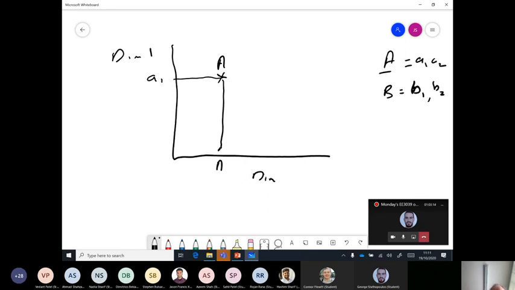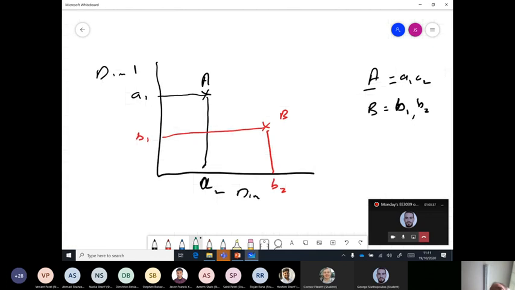This is going to be coordinate A2. And for pattern B, we're going to have B1, the first dimension, and B2, the second dimension. Now, the distance between A and B, the physical distance in two-dimensional space, is going to be the line between A and B. So that is the distance D.